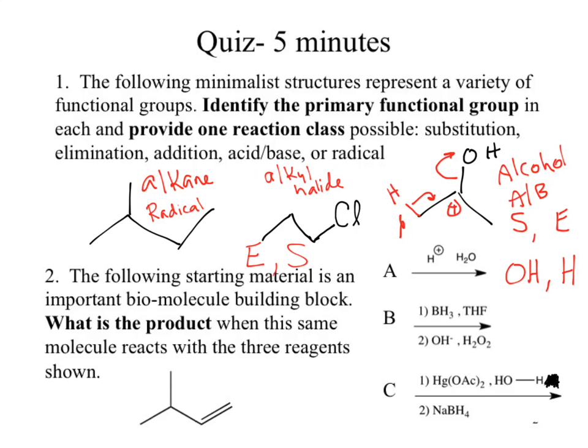If we take a look at A, let's call A purple. Where does our OH go? The pi bond is broken in all three cases. In case of A, the OH goes there.